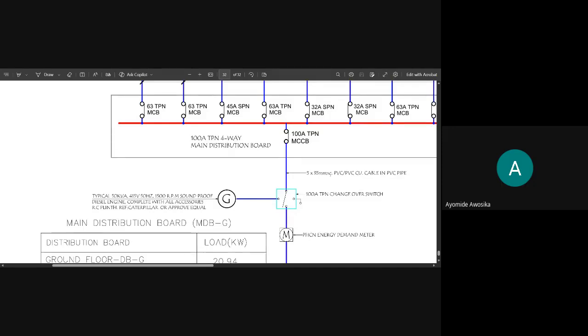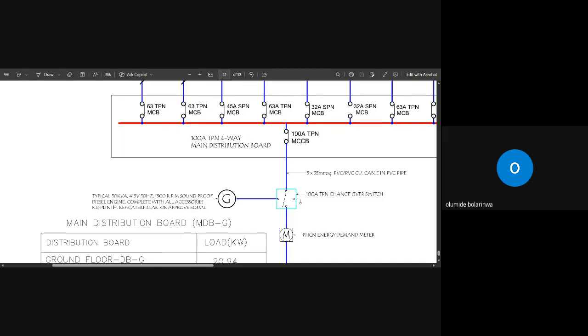Now, you can see that from this changeover to your generator, we are using which cable? Let's look at the layout now.